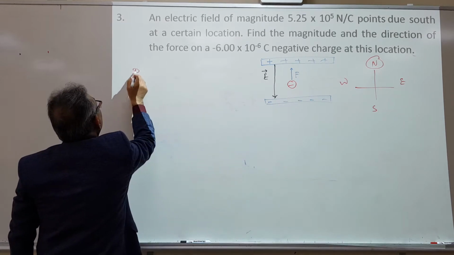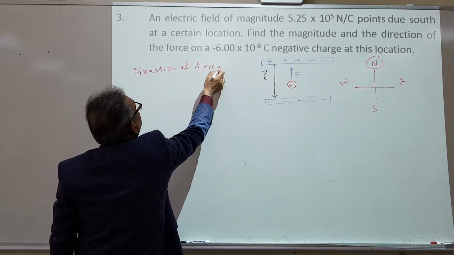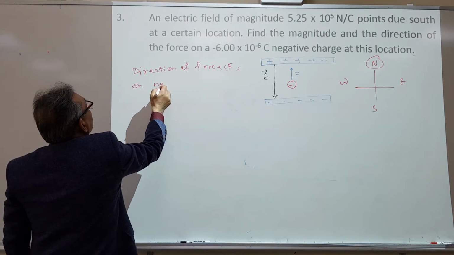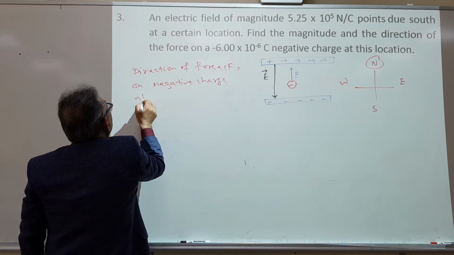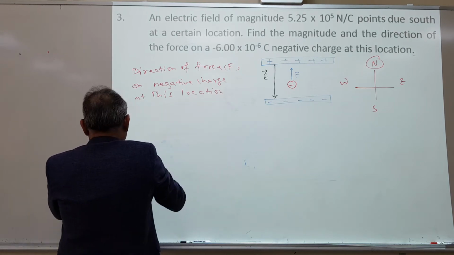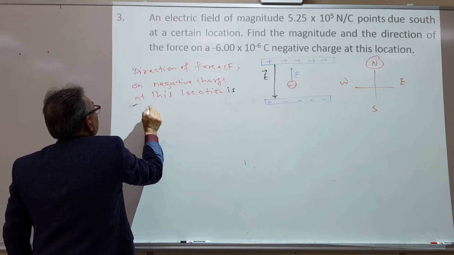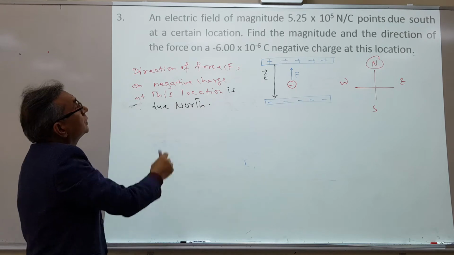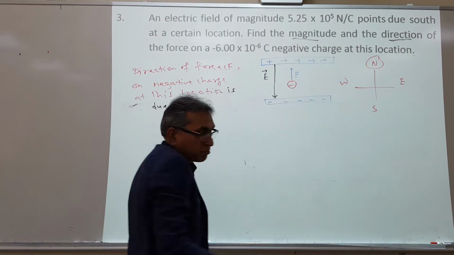So the direction of force F on the negative charge at this location is due north. This is about the direction. Done. Now the magnitude.